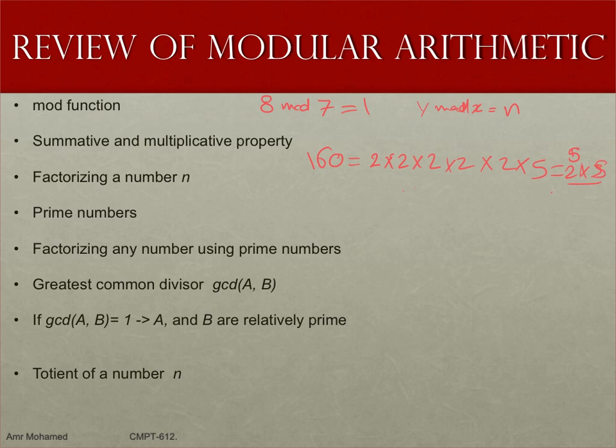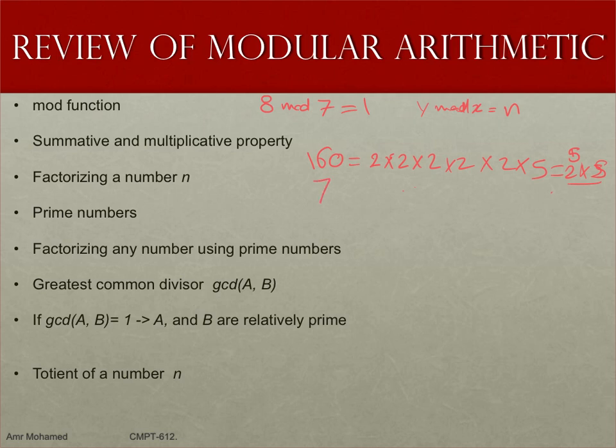Okay, what is a prime number? A prime number is a number that has only itself and 1 as divisors. So in a way, you cannot factorize a prime number using anything but itself and 1.